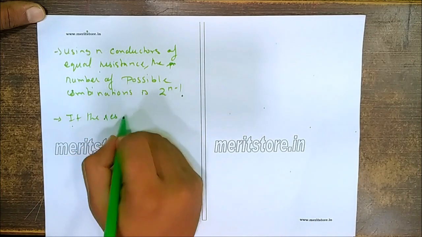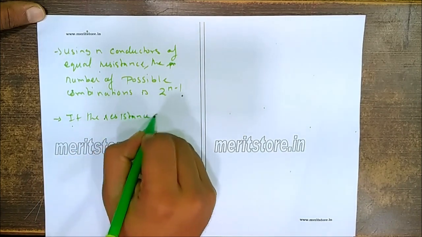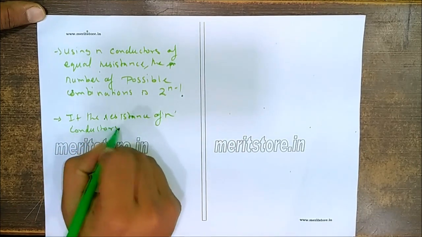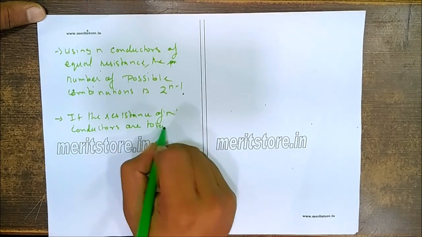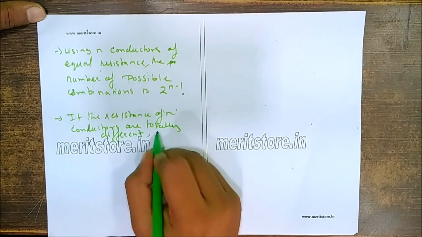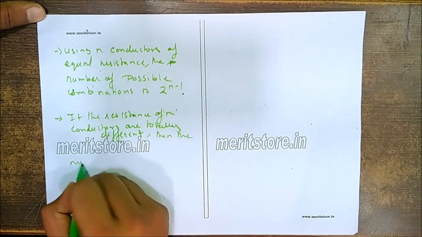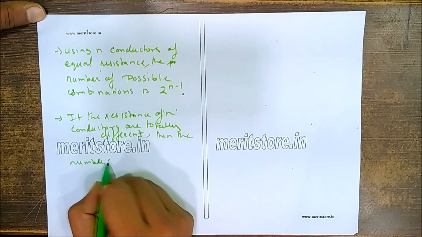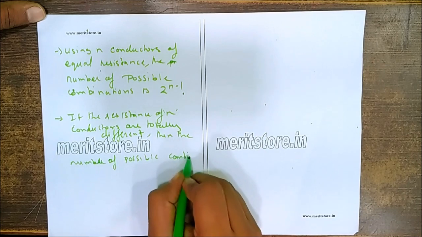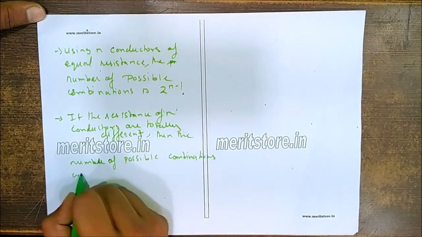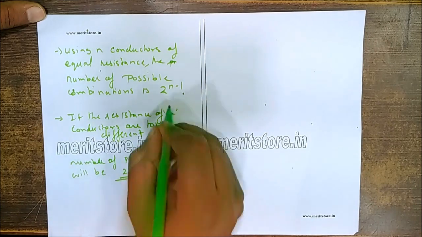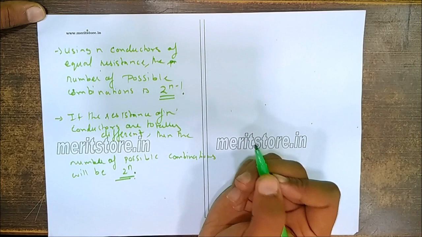If the resistance of n conductors are totally different, then the number of possible combinations will be 2 raised to n minus 1.